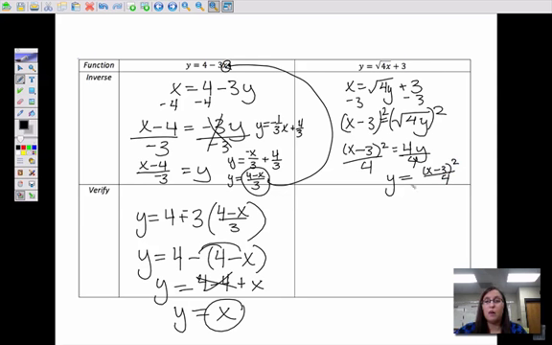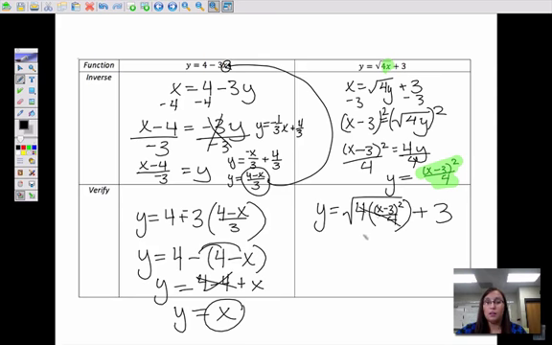And then inputting that back into my function, y equals the square root of 4. And then I'm going to put in place of the x what I got for my original function. So x minus 3 squared over 4 plus 3. So I rewrote my whole function and I put what's highlighted here in green in place of the x.